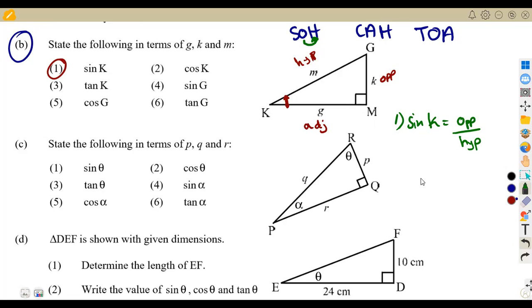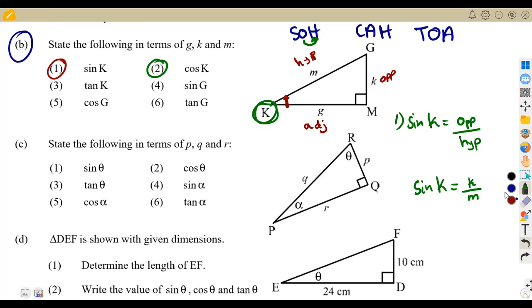What matters is what you are referring to as the opposite. It's according to angle K. So according to angle K, the opposite is this small letter k. So it is going to be k over the hypotenuse, which in terms of m is m. So that is the ratio of sine k. It is the same scenario on question number 2, because we are still using the same letter k.